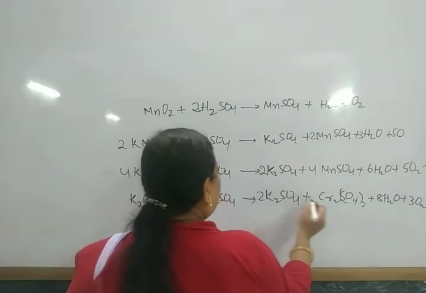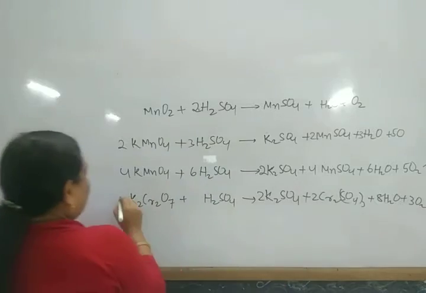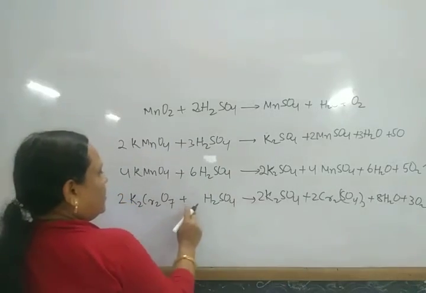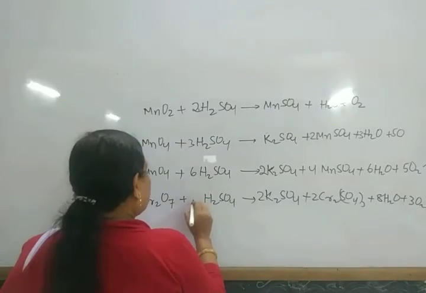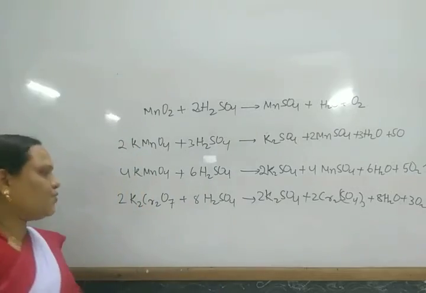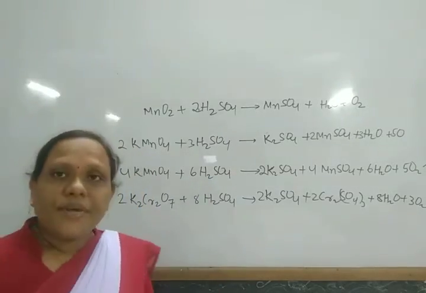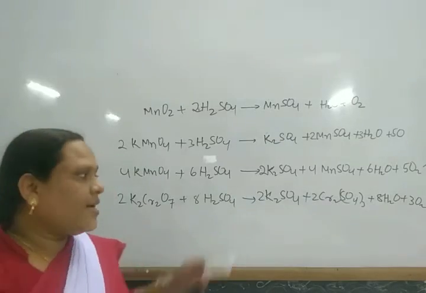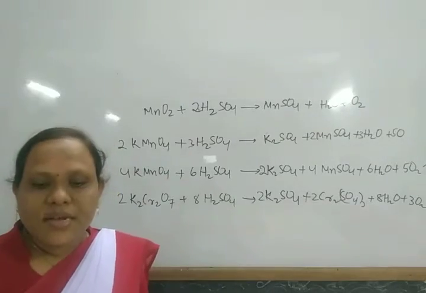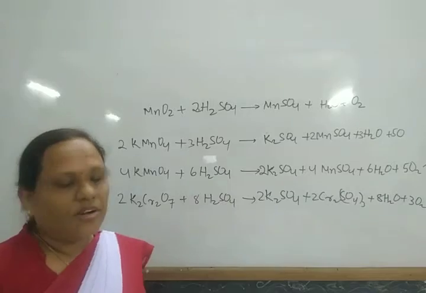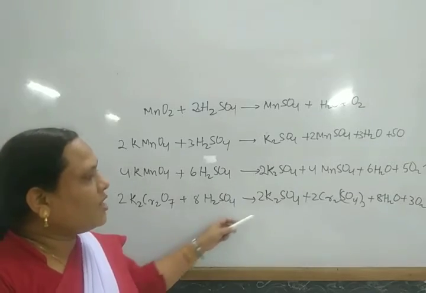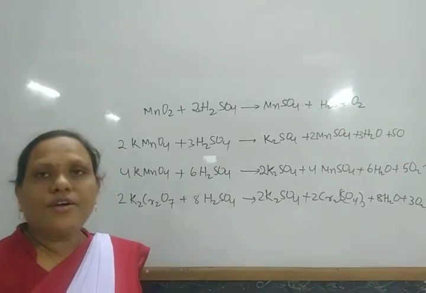So potassium dichromate with 8H2SO4 forms potassium sulfate, chromium sulfate, water and oxygen.